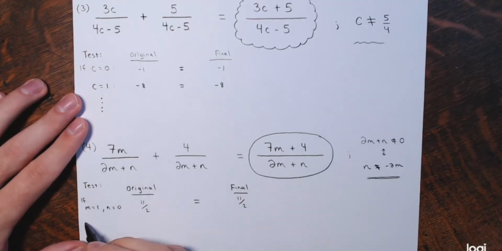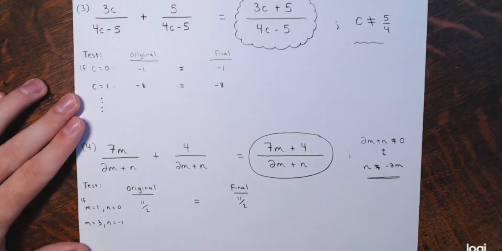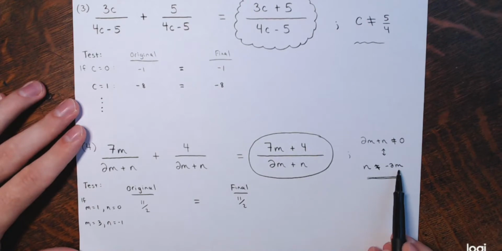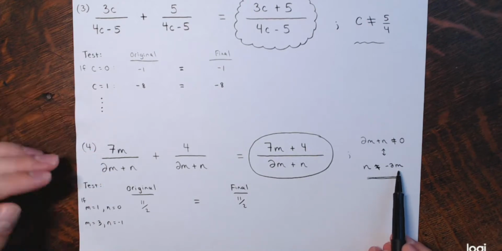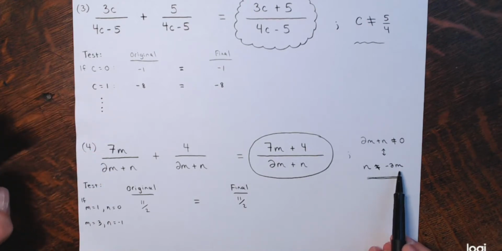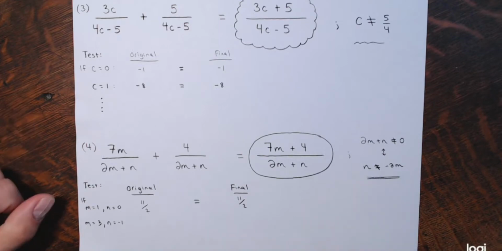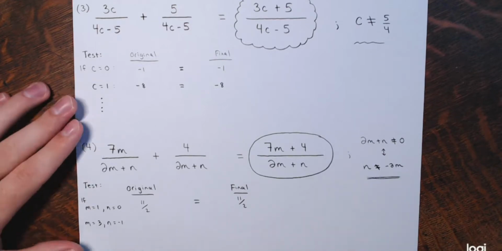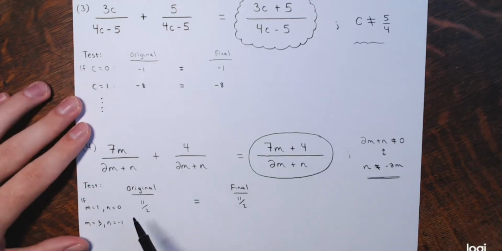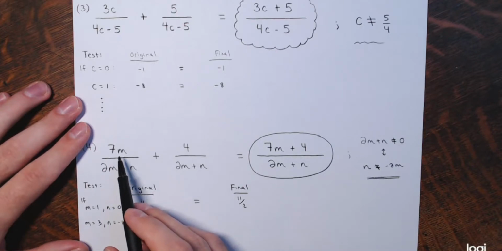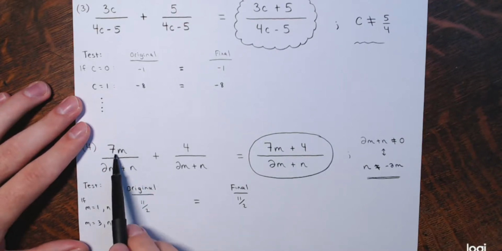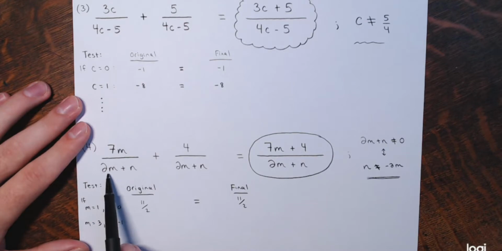So I'll do one more of these. How about if m were 3 and say n were -1, whatever. Right? Again, if m were 3, the only value I couldn't use for n would be -6. I can use anything else, so I'm using -1 here for n. Let's see, the value of the original expression. You'd have 21 over 5.